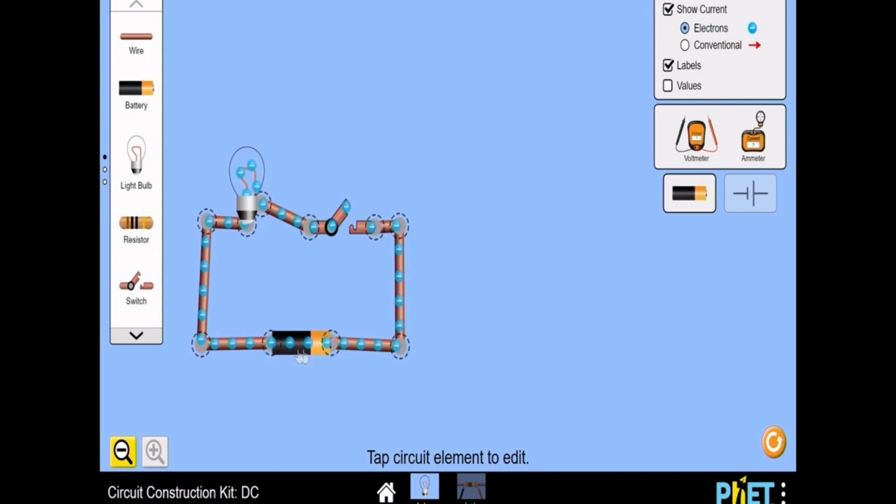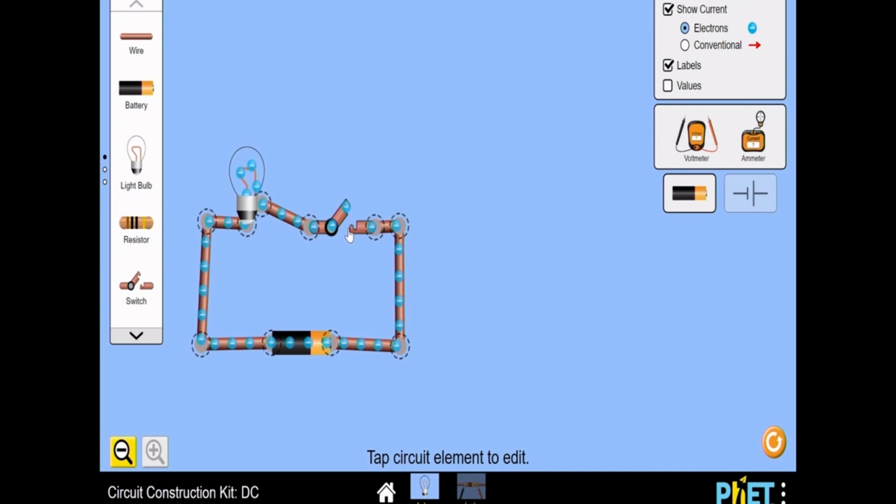Right now the electric current is not flowing, since the switch is open. Here you can see a representation of electrons inside the wire. We need to observe what happens as soon as the switch is closed.